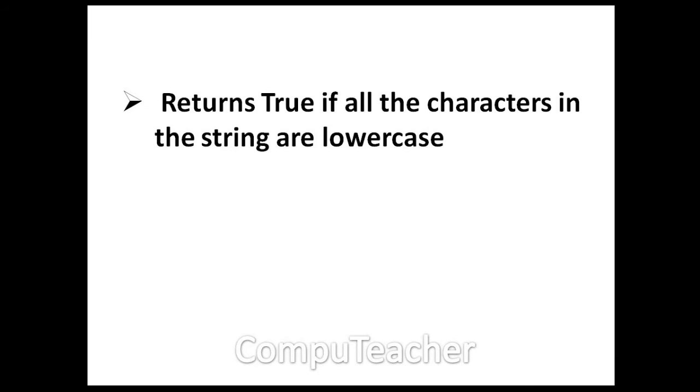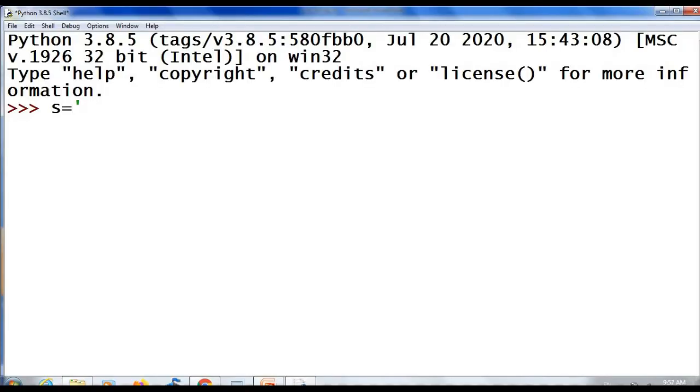Method which returns true if all the characters in the string are lowercase. It is islower. s equal to "computer", all characters in lowercase letters. s.islower(). It will return true.